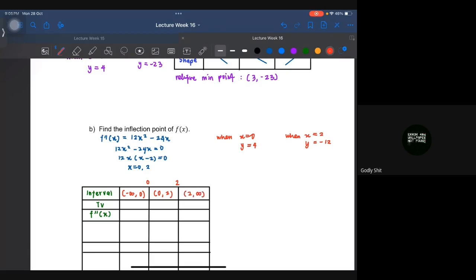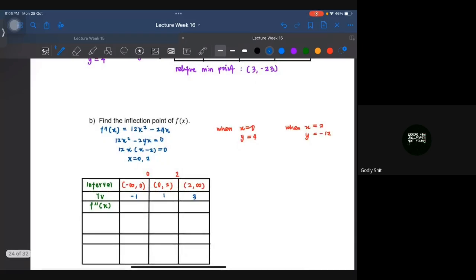Okay, so test value kita, boleh sebut sama-sama dalam hati, negative 1, and then 1, lastly adalah 3. Settle. Okay, so saya dah kirakan f double prime untuk awak. So the first f double prime you will have is positive, and then next one is negative, lastly is positive.